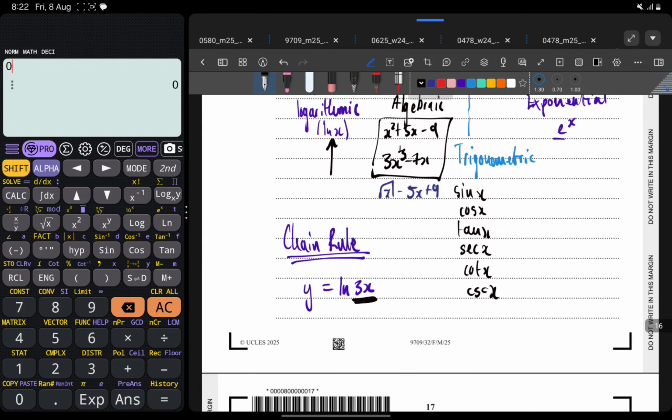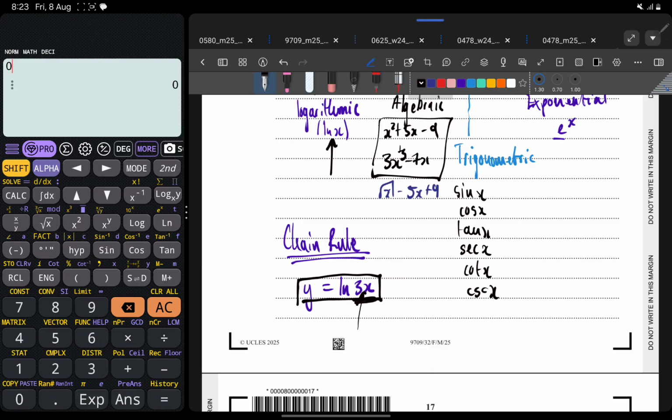This is not an x. This is something which is not x. So it is y equal to ln of something which is not x. That's the chain rule, because that's a composite function, and to differentiate it, you need the chain rule. So the chain rule is a method we use to differentiate. This type of function is called a composite function, where you put a function inside another.